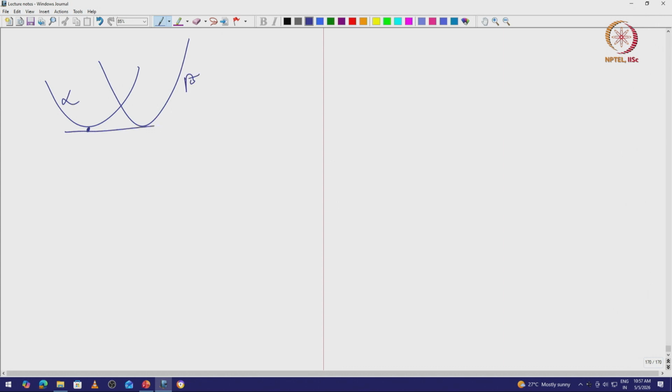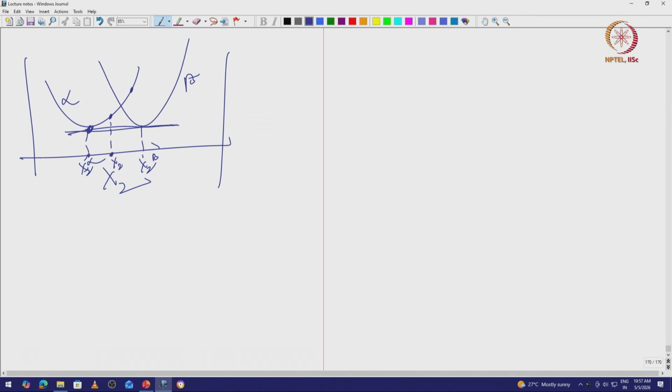I am somewhere here, and I have forcefully wanted to stabilize the alpha phase, let's say on the composition diagram. So this is x2, this is my common tangent, this is x2 alpha, this is x2 beta. I am somewhere at this point, and I have somehow stabilized the alpha phase.